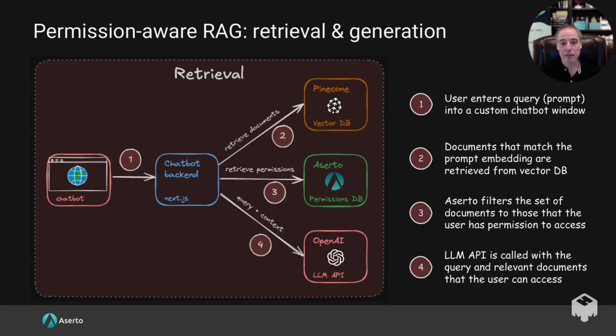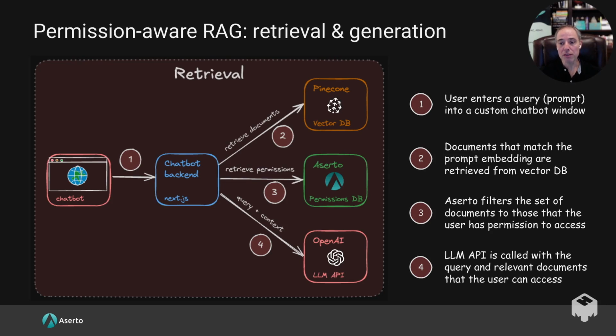During retrieval and generation, we basically run this process backwards. When a user, like myself, types a request into a chatbot, that chatbot will go retrieve the set of documents that match the embedding generated from that prompt from Pinecone.